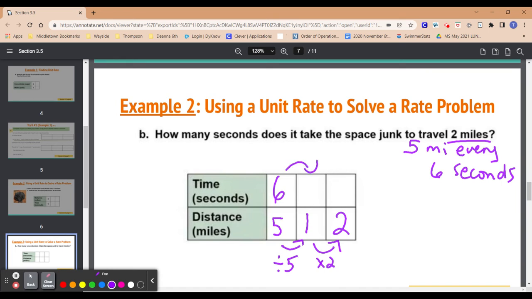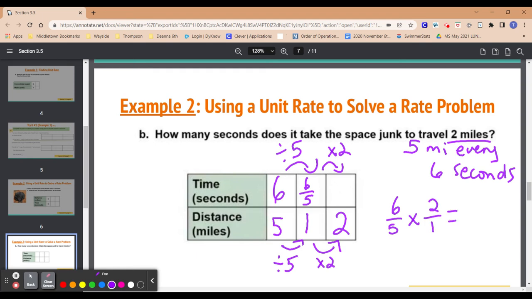So let's go up here. I divided by 5 at the bottom, so we're going to do 6 divided by 5. I'm just going to write 6/5, because that's 6 divided by 5. At the bottom, I times it by 2, so that means I'm going to times this by 2. So I'm doing 6/5 times 2 over 1.